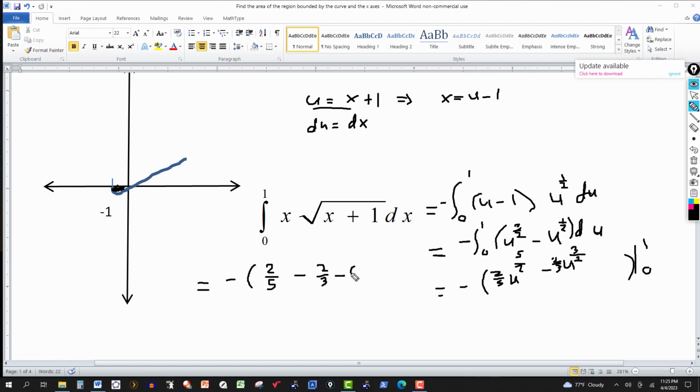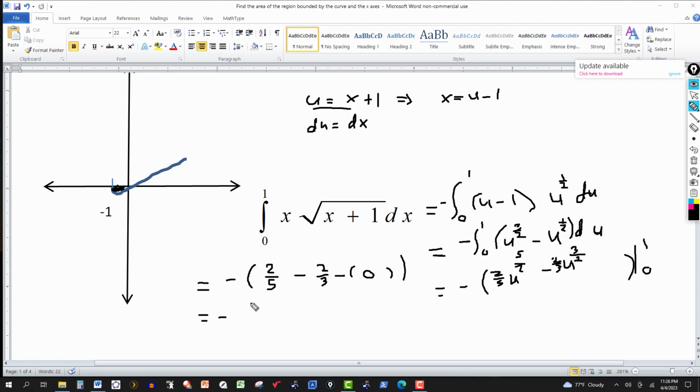And then it's minus the value at 0. Putting 0 where the u is, 0 to the 5/2 is 0, and over here u to the 3/2 with u being 0 is 0. So this is going to be 0.